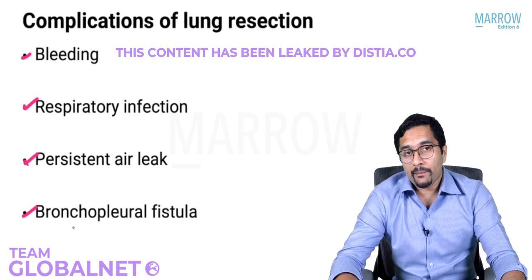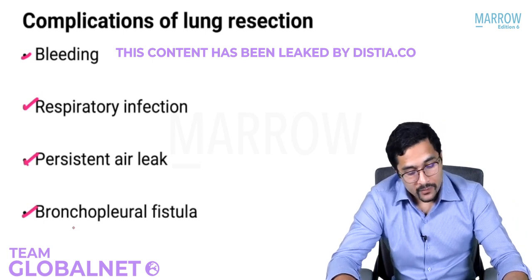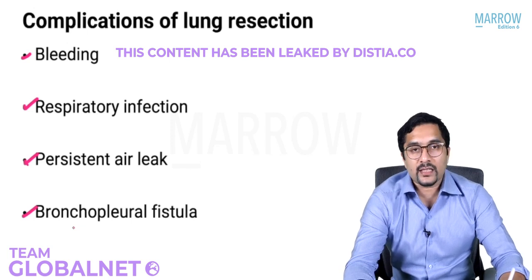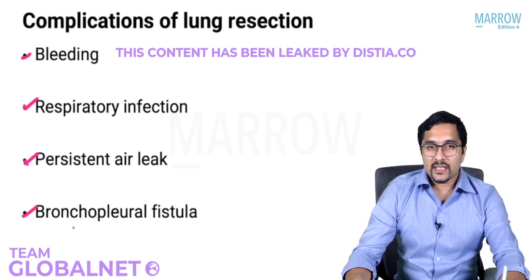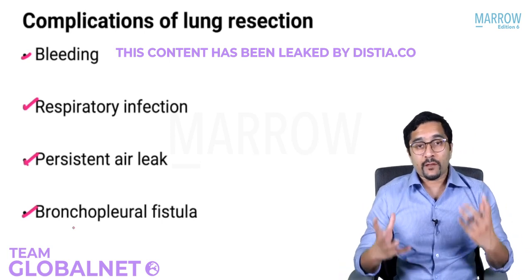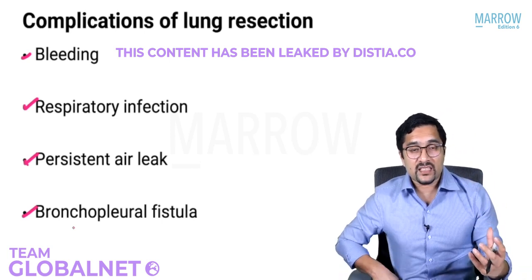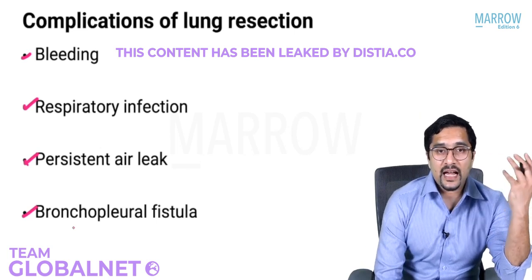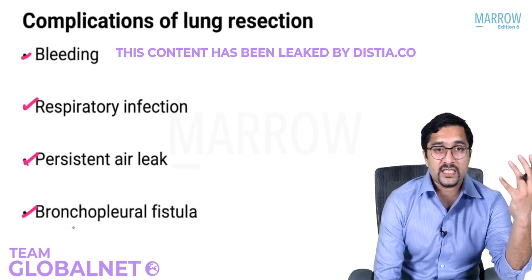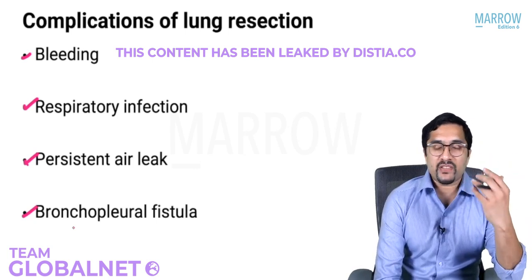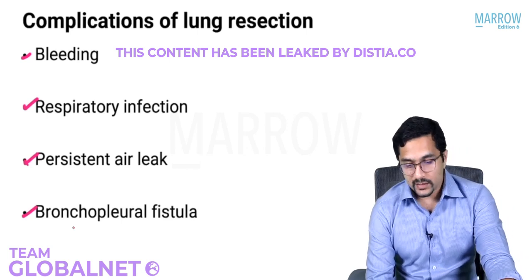And whenever we do any major thoracic surgery, the main problem which we have is that the patient, because of pain, will develop atelectasis and can develop dyspnea, and that can then lead to infections as well. So proper pain control and proper physiotherapy is also required in these patients.